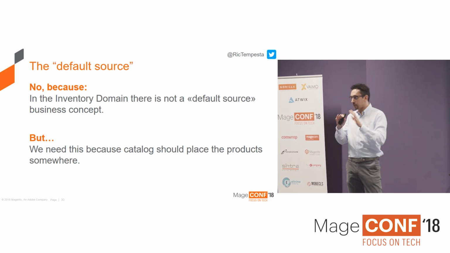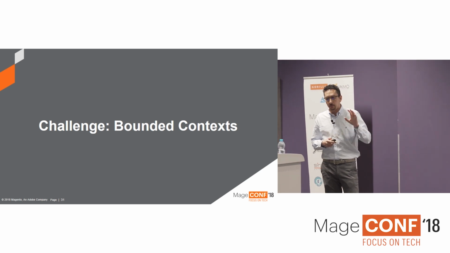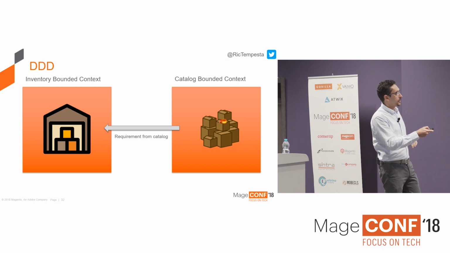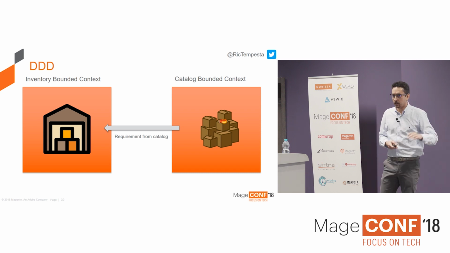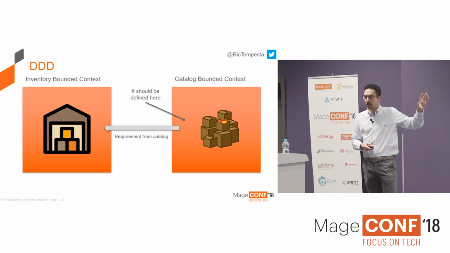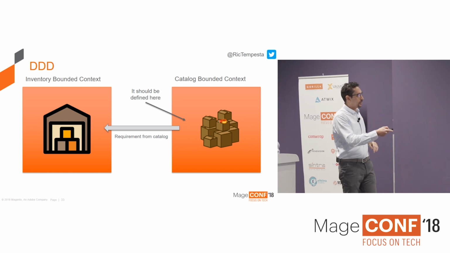So it's very strange, because actually what we should do is to deal with bounded contexts. So it's something that is coming from the catalog context and is injecting something in the inventory context. So it's a requirement from the catalog. So the first option you had is to define that default source here in the catalog.